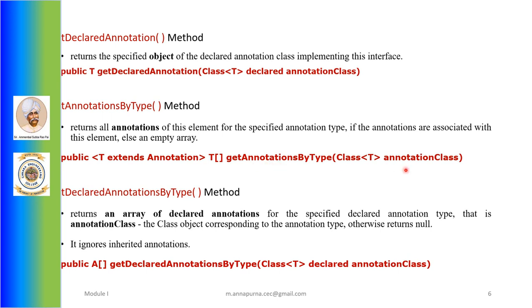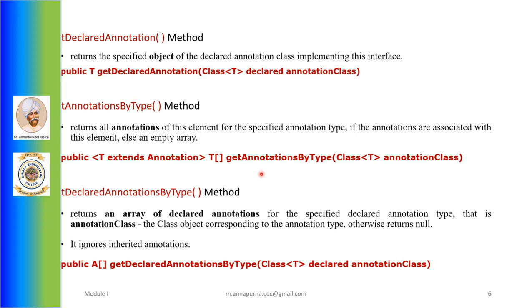getAnnotationsByType(Class<T> annotationClass). This method accepts annotationClass as a parameter, which is the Class object corresponding to the annotation type. This method returns all annotations of this element for the specified annotation type if annotations associated with this element are present, else an array of length 0 is returned.